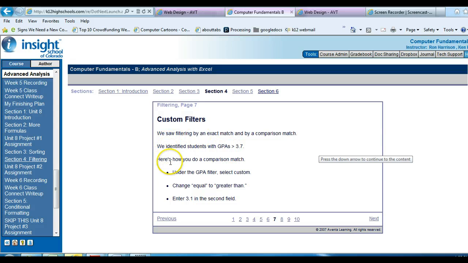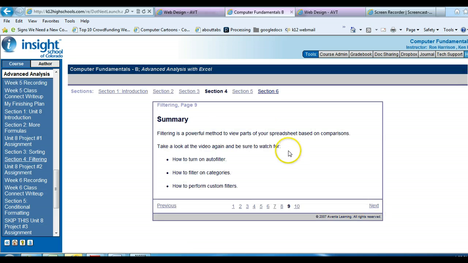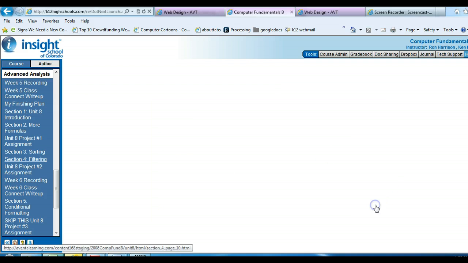And you can do customized filters, comparing GPAs, GPA filter, etc. So there are different ways to customize. You can put things that are equal to a certain thing, greater than a certain thing, or less than a certain thing. So we looked at how to turn on autofilter, how to filter categories, how to do custom filters.